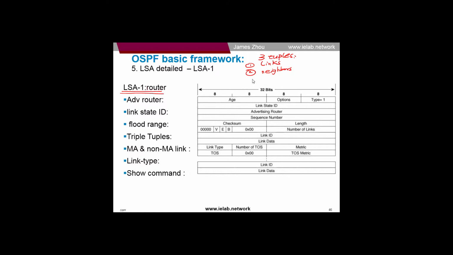The third is the distance to the neighbors. Actually, the LSA1 just describes these three pieces of information. So we can use a command to display LSA1 details.